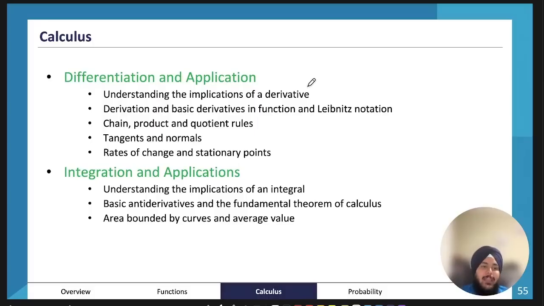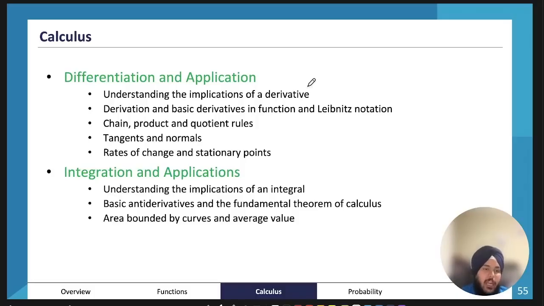So now we're going to be looking at differentiation and applications of differentiation. We're going to understand the implications of the derivative. So what does the derivative actually mean? Derivation of basic derivatives, and also the different types of notations of derivatives.